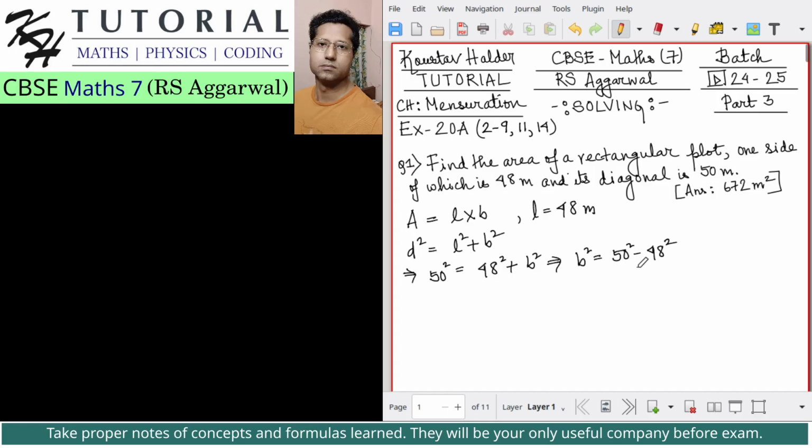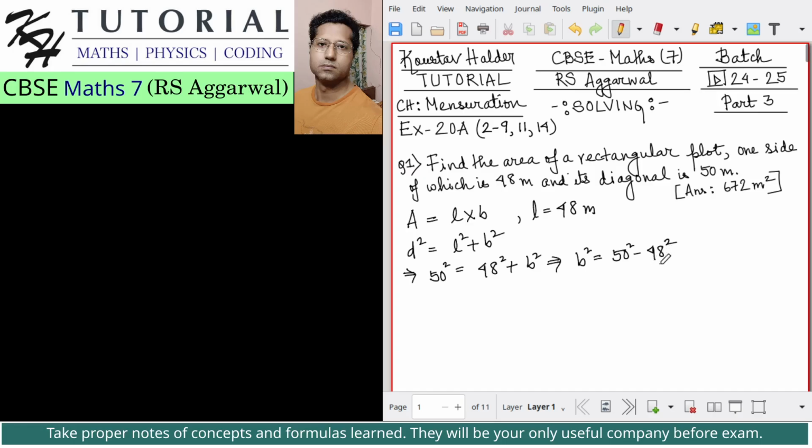Now whenever you have to solve this kind of expression, that is a square minus b square, where a and b are integers, if they are relatively small integers, less than 10, then you can find the squares and do the subtraction.